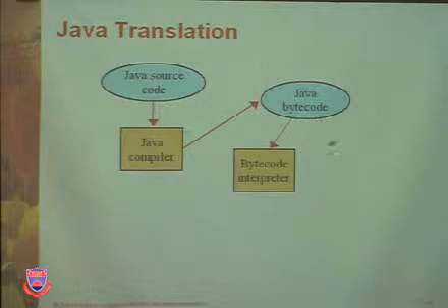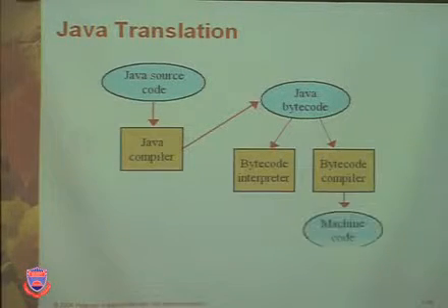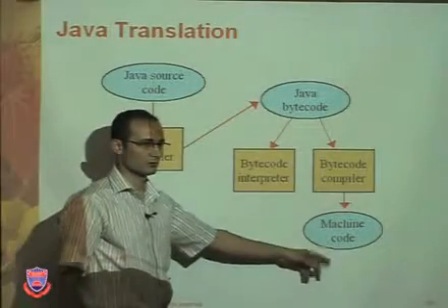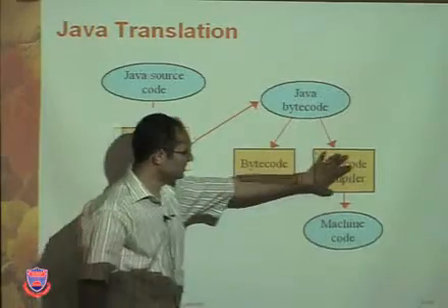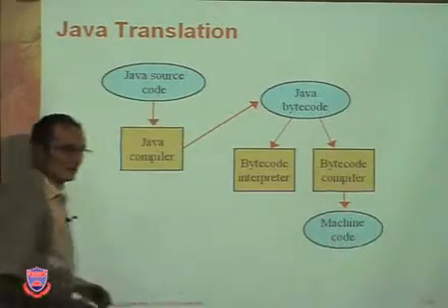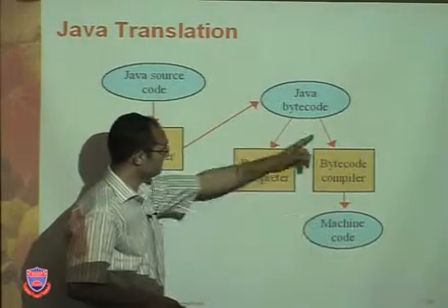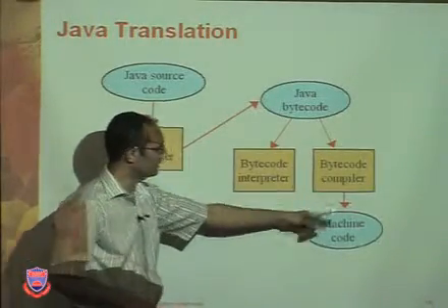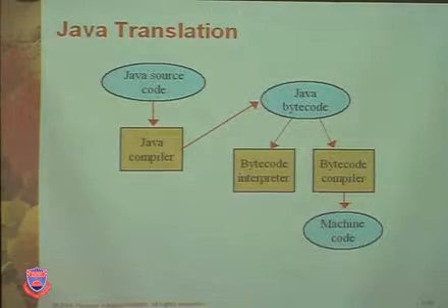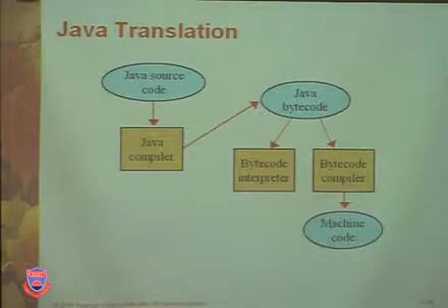This is then used by the JVM's bytecode interpreter to produce machine code. So this is a separate machine, this is a separate machine. Whatever each machine uses will be converted by the interpreter into the corresponding machine code. Okay?